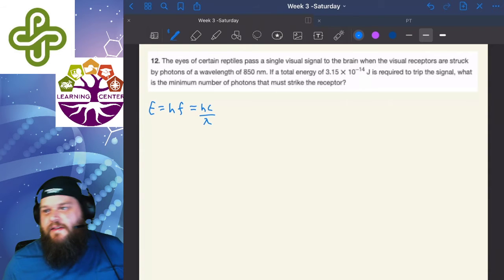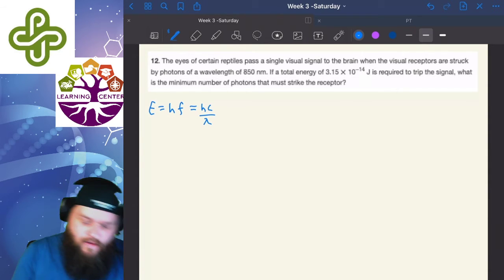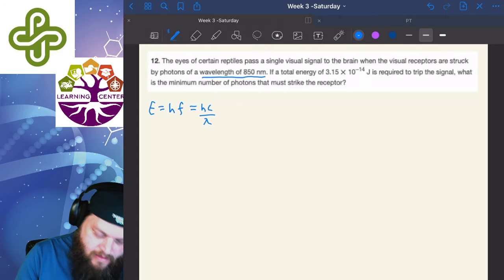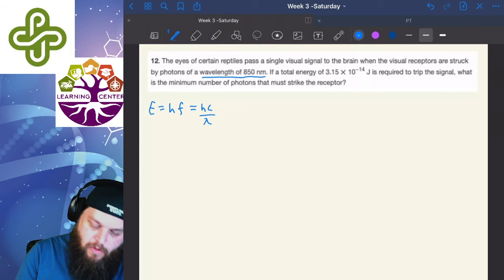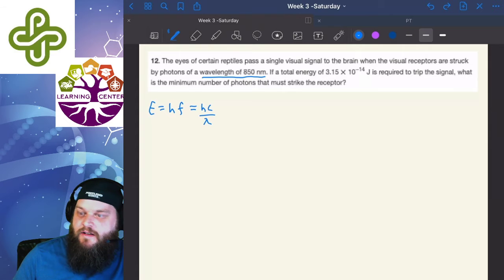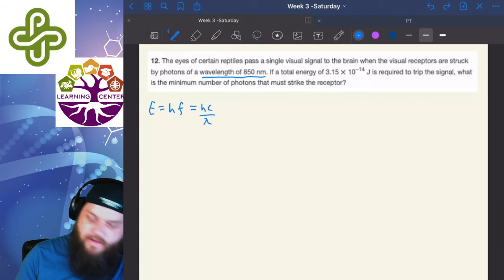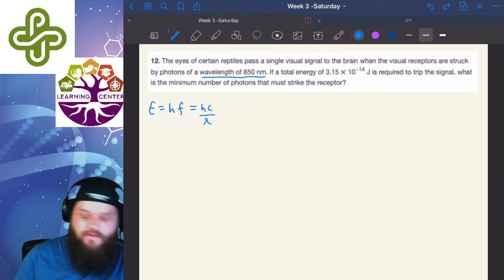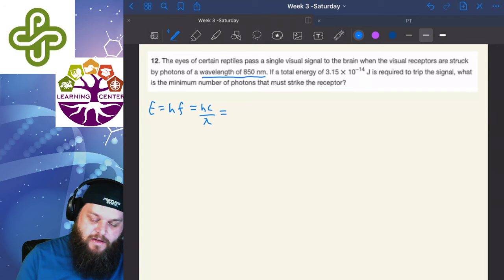Utilizing that, we know what the wavelength is of this light that we're talking about. We know what the total energy is, that's how much is required. But we know what the wavelength is, and we know what the speed of light is. We know what Planck's constant is. In this case, the speed of light and Planck's constant are constant values, so we can calculate the energy of a single photon.